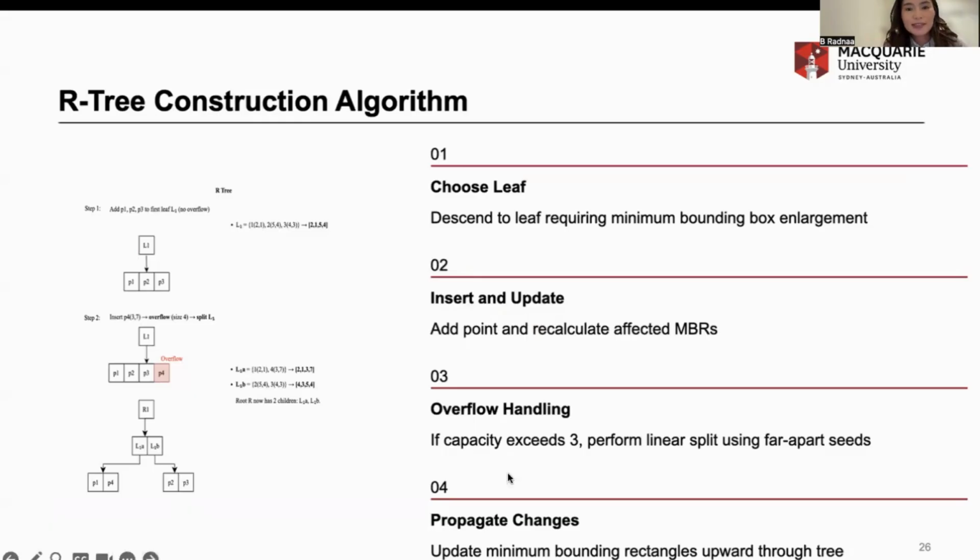Thirdly, if capacity exceeds 3, perform a linear split using far apart seeds and then assign entries based on least area enlargement. In this image, I try to show overflow and then the split. Lastly, update MBRs upward. This makes splits and tree structure easy to observe and supports efficient query traversal.